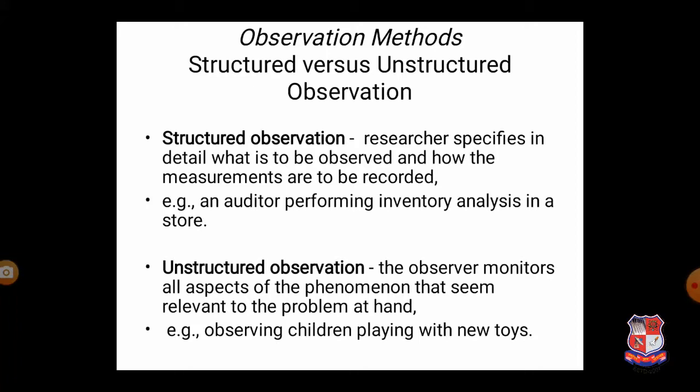The researcher does not know exactly what to observe, how the child is playing, or when the child is crying. It is not clear to the researcher what exactly they need to observe. This comes under unstructured observation. So there are two types of observation: structured and unstructured. Structured means it is clear to the researcher what needs to be observed. Unstructured means it is not clear to the researcher what things are to be observed.